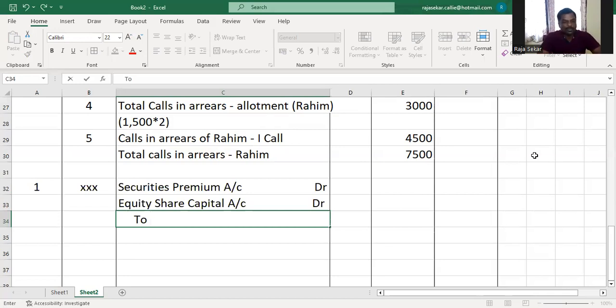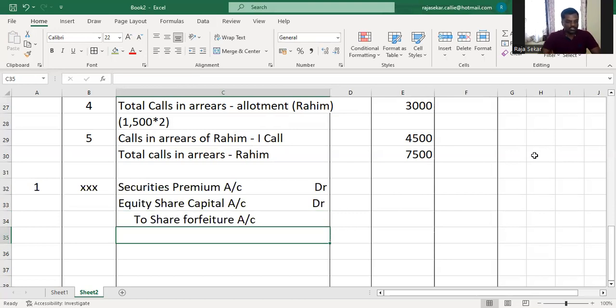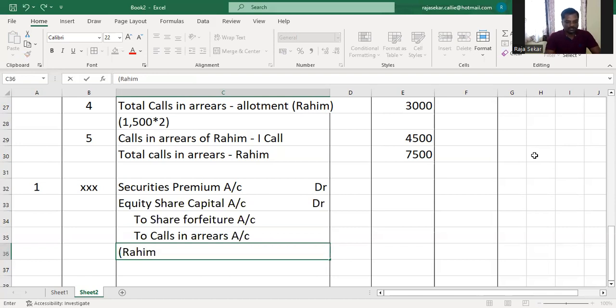In case premium has not been paid, then that will also be debited. So the journal entry: securities premium account debit, equity share capital account debit, to share forfeiture account, to calls in arrears account. Rahim's shares forfeited.